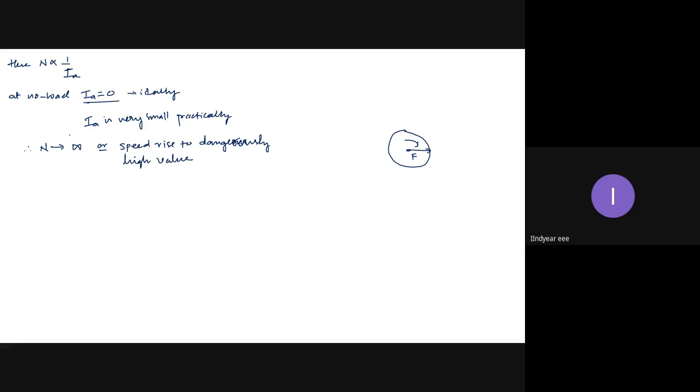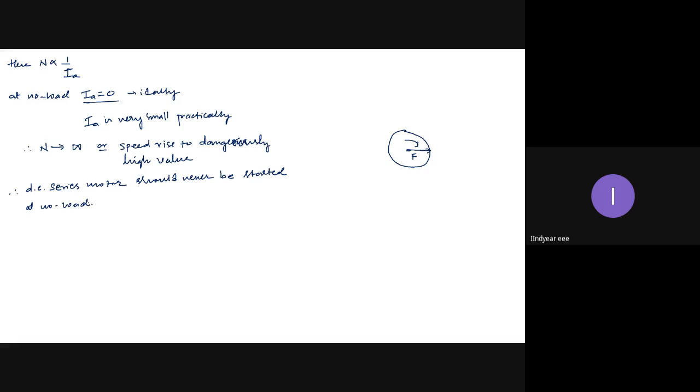Now what should I do? I should never start a DC series motor at no load. Therefore, a DC series motor should never be started at no load.